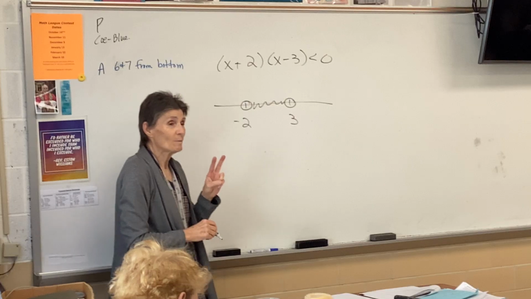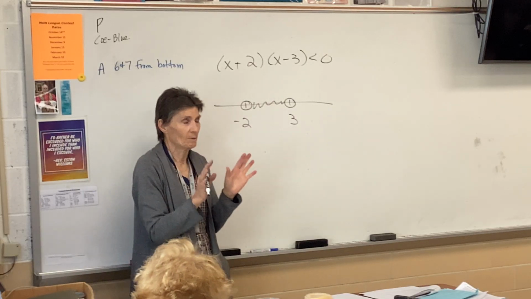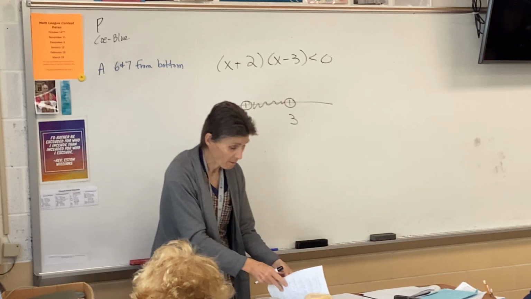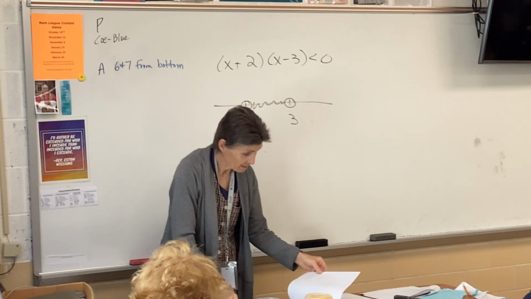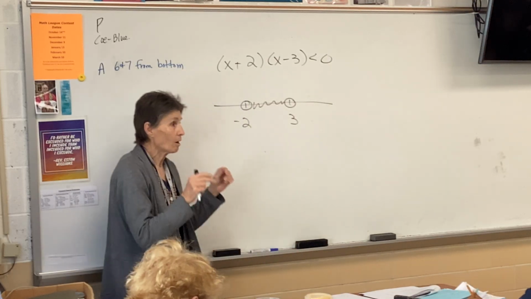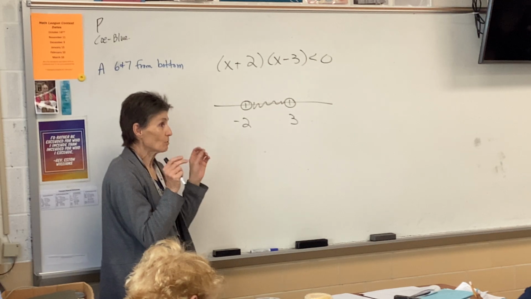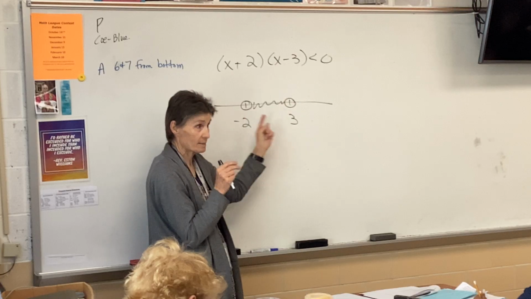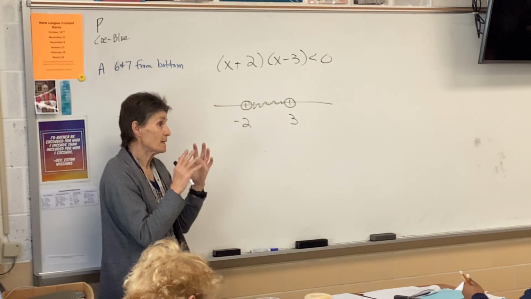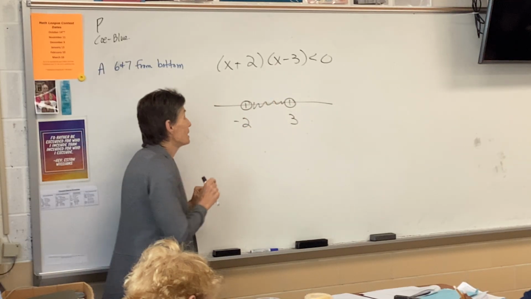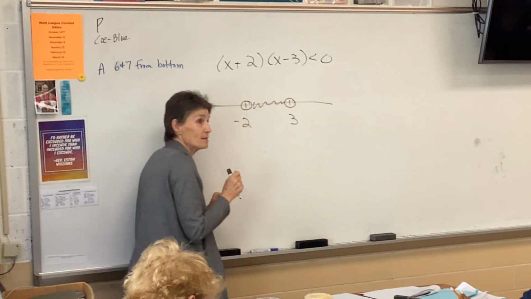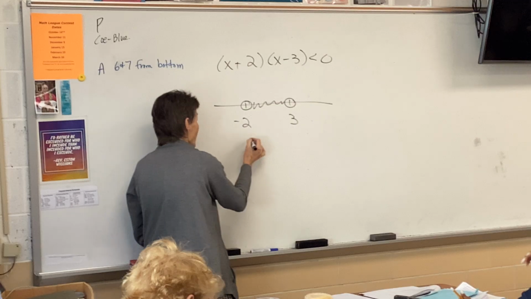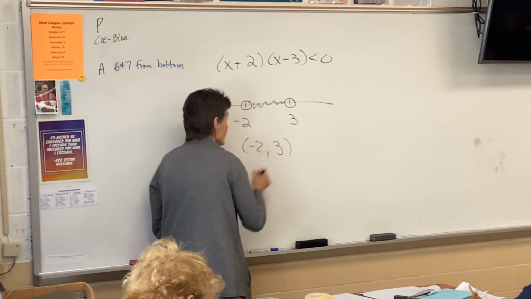Remember, unless we have some funky problem, which we will run into here on the next page, we are going to either shade, there's 2 dots, 2 X's, 2 dots, in between or outside. And when it's a less than problem, it's always going to be in between. So the answer to the problem is just -2 to 3.